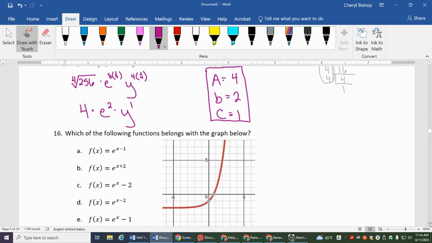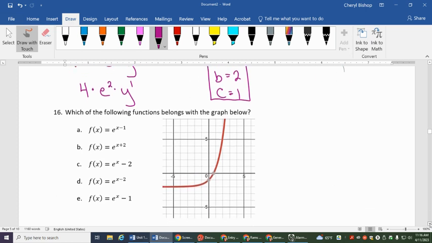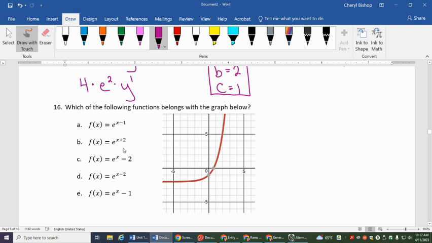Okay. 16, which of the following functions belongs with the graph below? I can see all of my choices are all exponential. If I think about the parent function for an exponential, it goes through 0, 1, and it has a horizontal asymptote at 0.